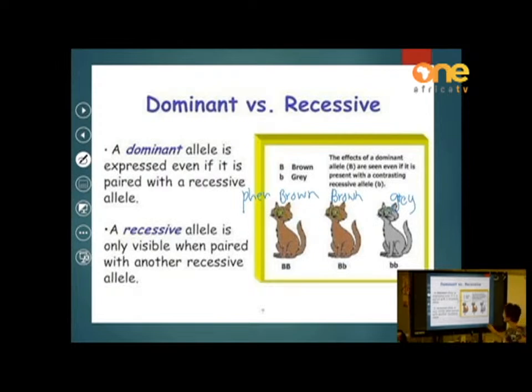So, now I'm looking at the genotype. This cat is homozygous, capital B, capital B. You agree? Its genotype is homozygous brown.